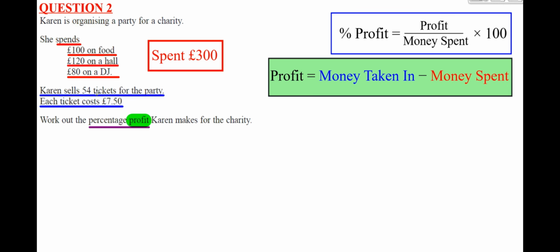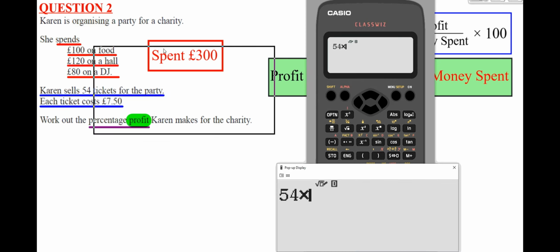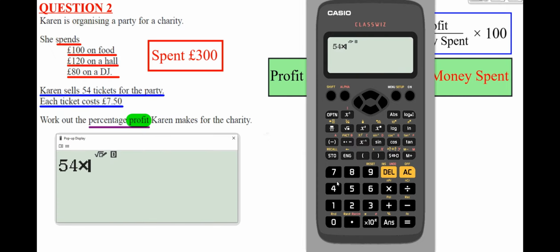So 54 tickets, £7.50 each, that's going to be 54 multiplied by £7.50. Just get the screen so you can see it nice, big and clear. So 54 times £7.50. That gives us a total of £405 she makes from the sales.